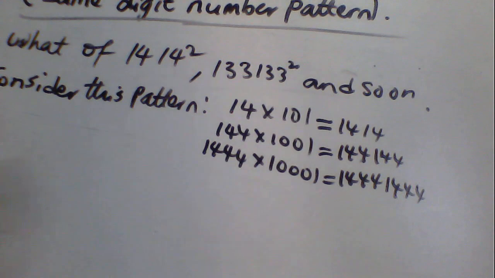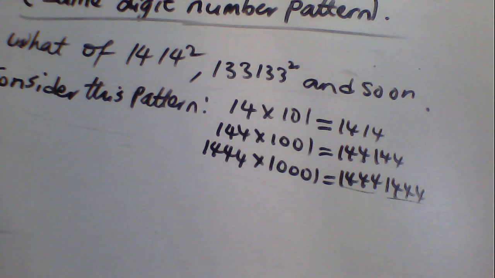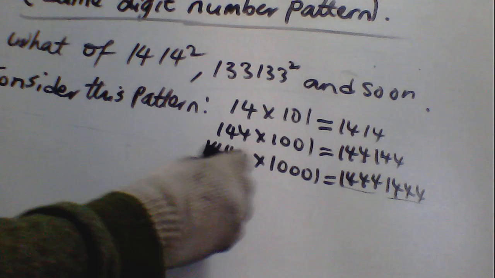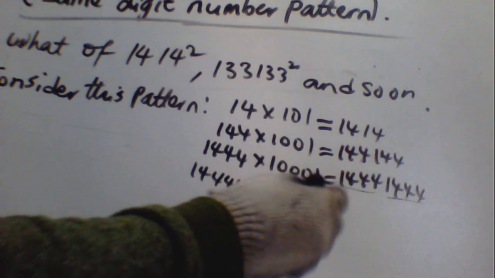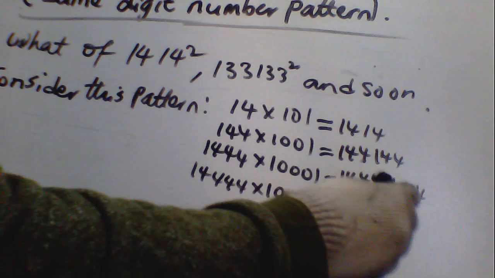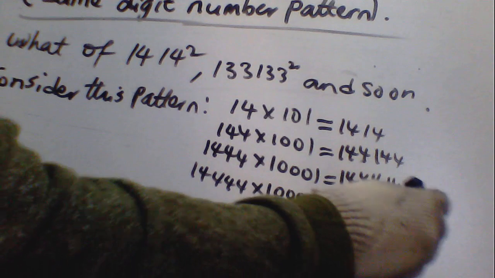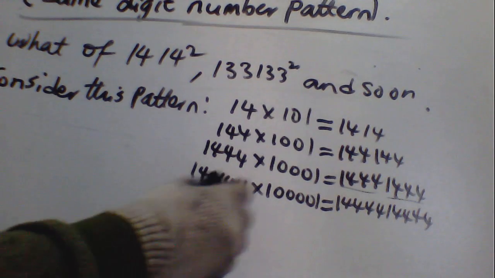It can just continue: 14444 times 100001 gives 1444414444, and this continues. Notice this is also increasing by 1 digit.